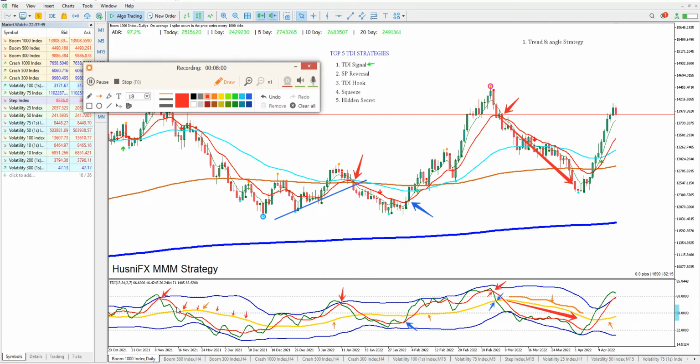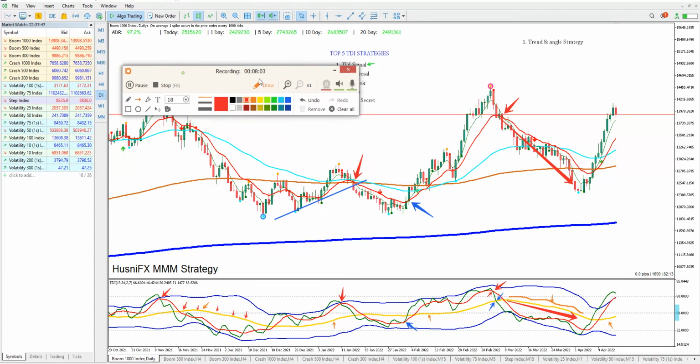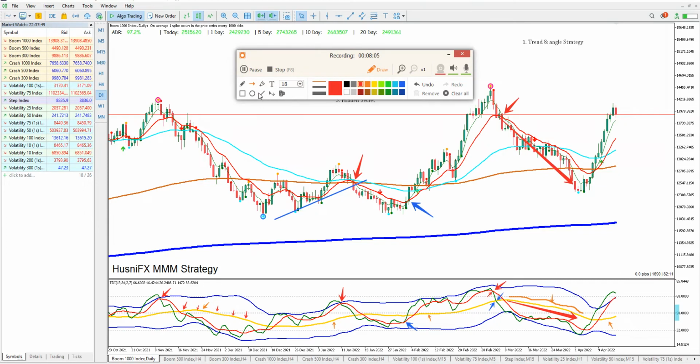When we see this, it means we have a strong sell. For sure you can see that this market was selling from that zone till this zone, until the market comes there and there is lower volatility.